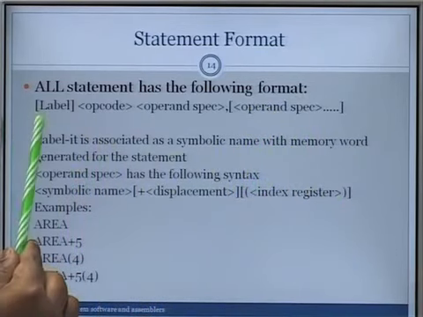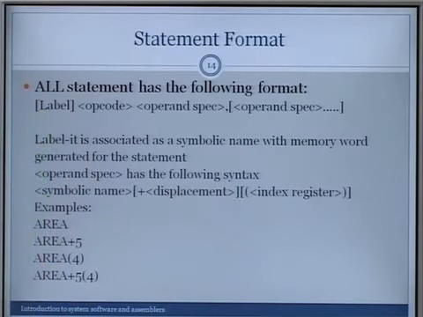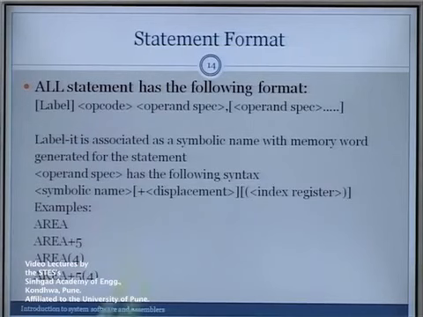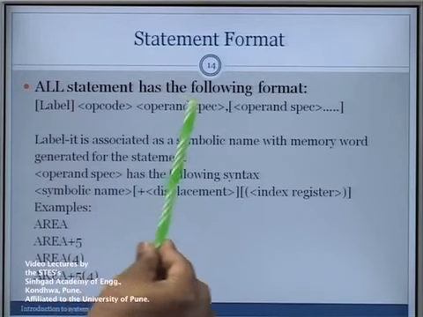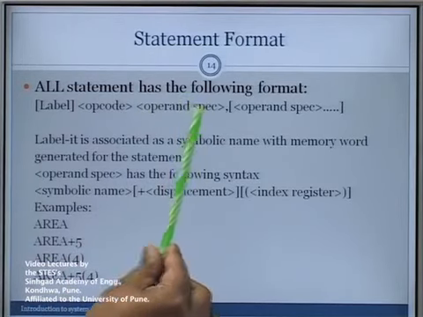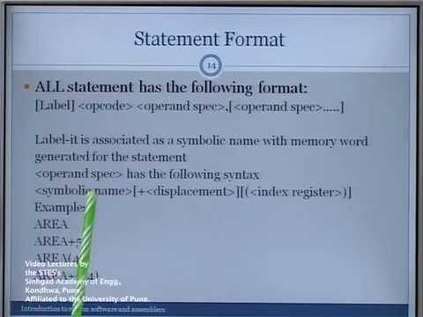So what does this label mean? It is basically a symbolic name, and that symbolic name will be associated with a memory word. Then this opcode is nothing but your mnemonic opcode, like add, sub, multiply, and this is the operand specification. Now this operand specification has this syntax.